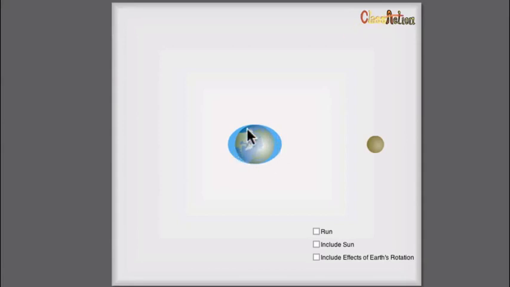So the surface of the oceans will deform in this direction, ever so slightly, again, not to this extent, but there will be a high tide on this side of the Earth and a high tide on this side of the Earth and low tides at these points because of the tidal deformation that we discussed.